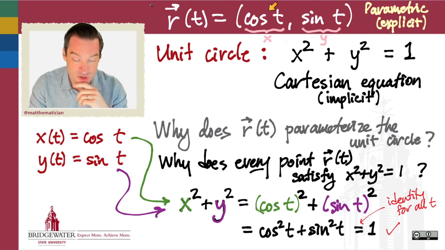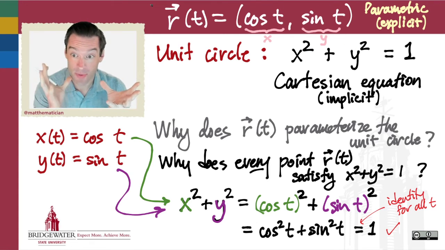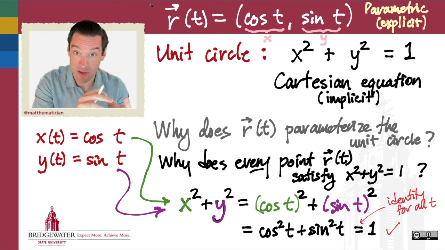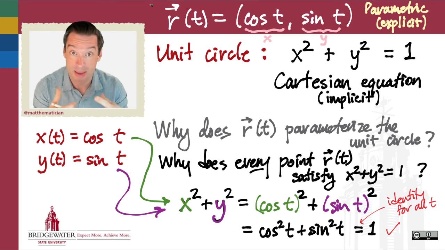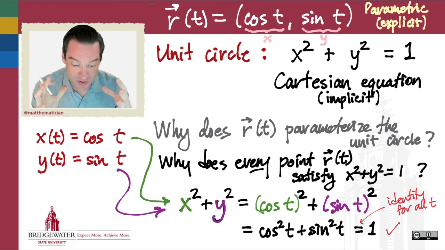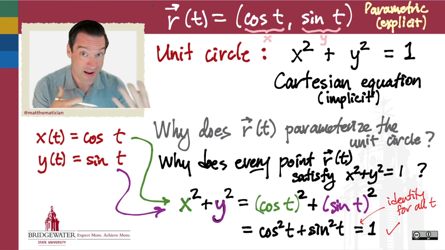There is not, in general, a recipe for going from one of these to the other. If we have both of them, a parametric equation and an implicit equation, we can usually just substitute one of them into the other to determine that there is a match. But it's not always obvious, if we're given one of these, how to find the other one.